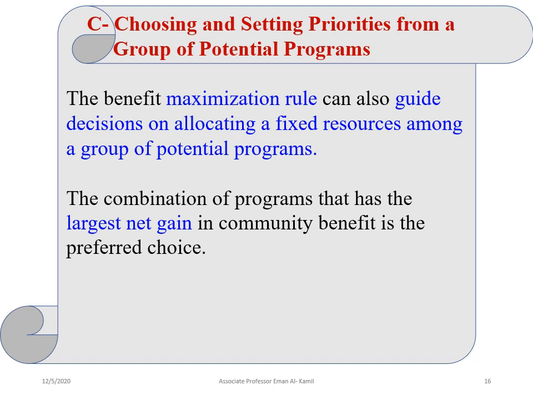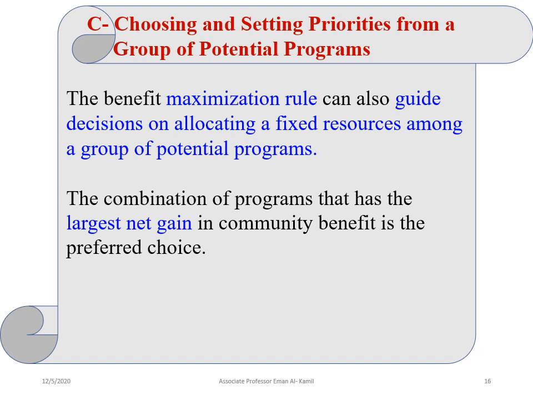So the benefit maximization rule can also guide decisions on allocating fixed resources among a group of potential programs. We have different programs and limited resources, so in this case we will depend on the cost benefit analysis and prioritization, to decide which program has the higher priority according to its financial gain.